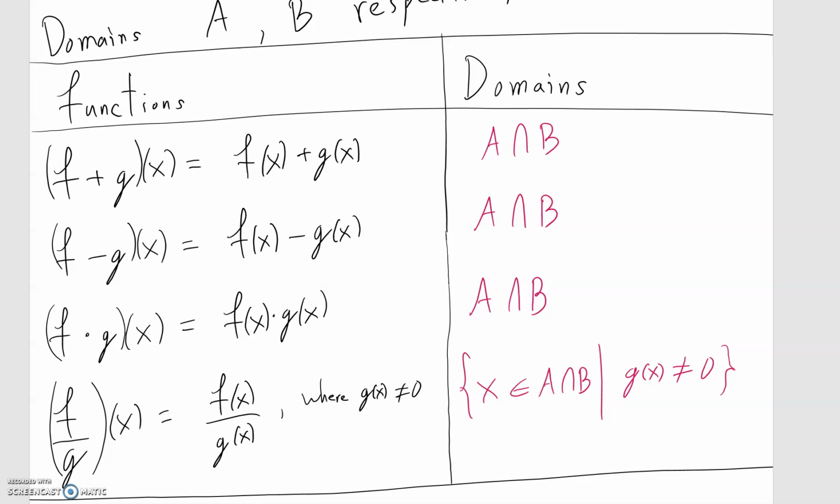The domain of a quotient or ratio of two functions is going to involve the intersection of the domains of f and g, but we need to exclude the values where the denominator equals 0, because as you know, you cannot divide by 0 and get a real number.